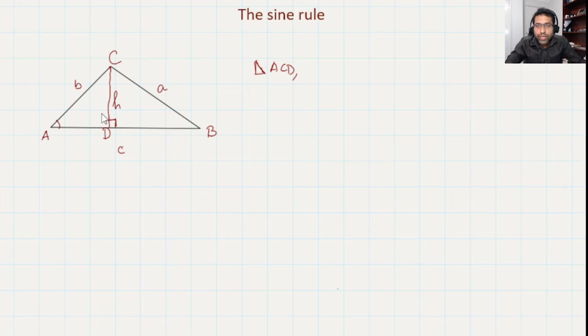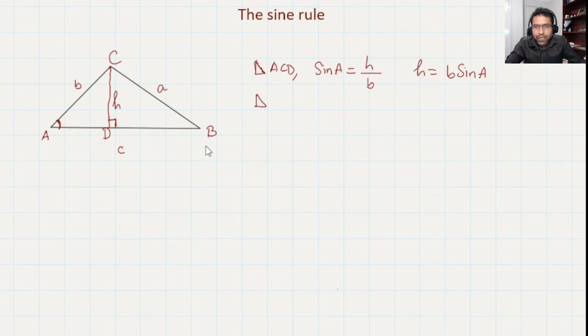So we can write in terms of SOHCAHTOA: sine of A is opposite over hypotenuse, and the opposite is H, over hypotenuse B. Rearranging that equation, H equals B sine A. This is in triangle ACD, where we are talking about the sine of angle A. Now look at the other right angle triangle, the right side one, CBD.